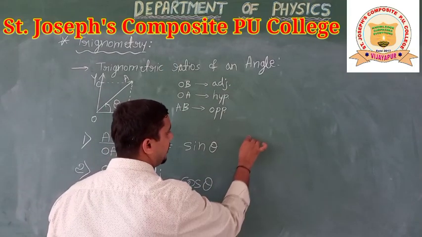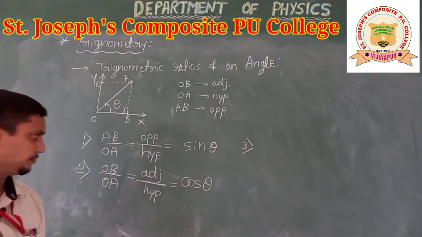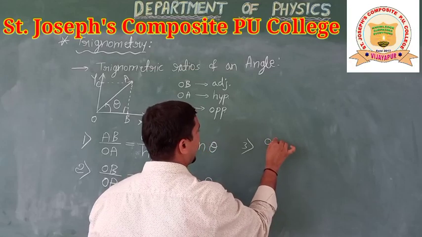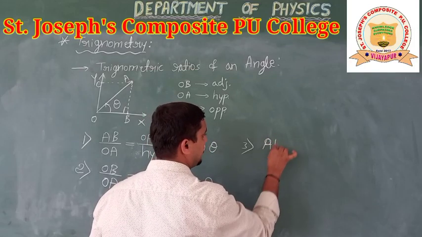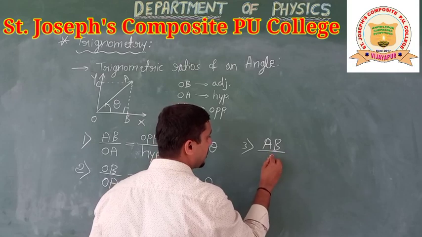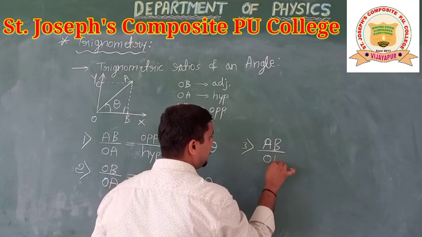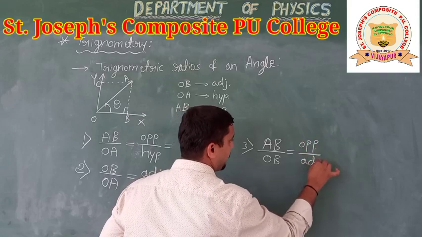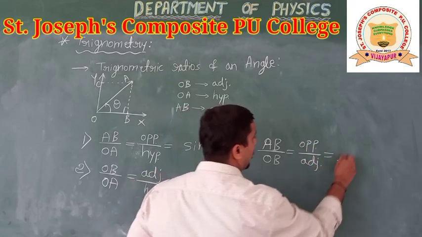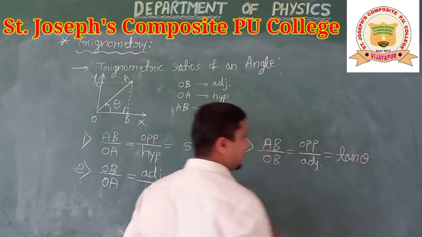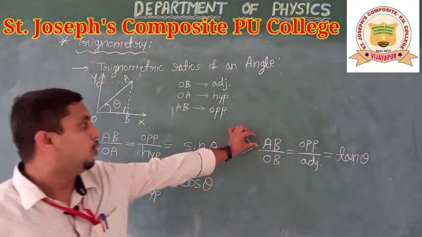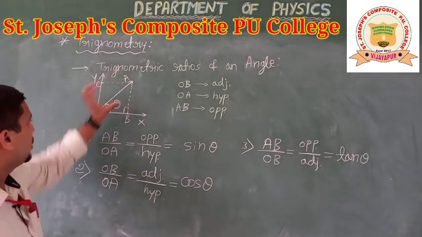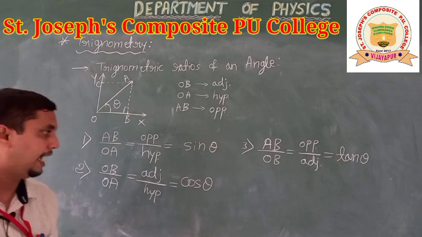And the next one is opposite divided by adjacent, which we call tan theta. I hope it's clear. Opposite divided by adjacent is tan theta.